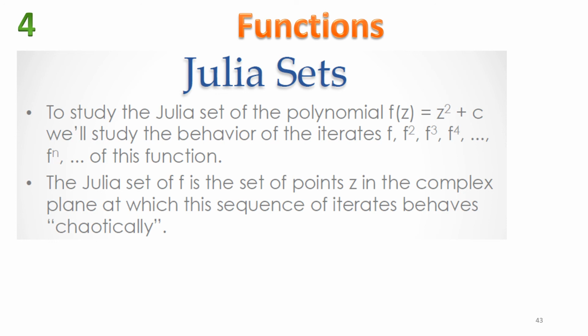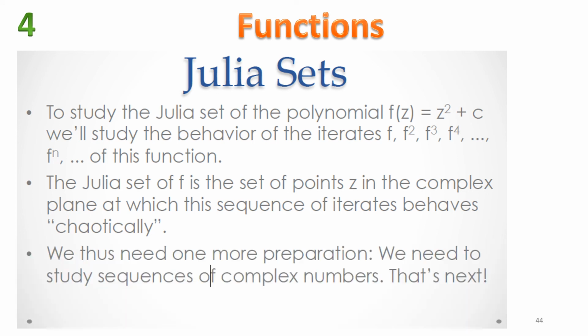The Julia set of f is the set of points z in the complex plane at which this sequence of iterates behaves chaotically. We thus need one more preparation. We need to study sequences of complex numbers, which is our next topic.